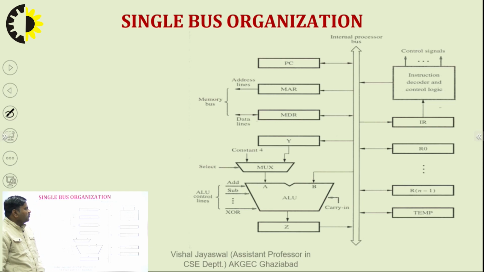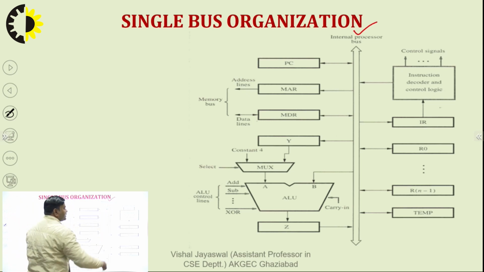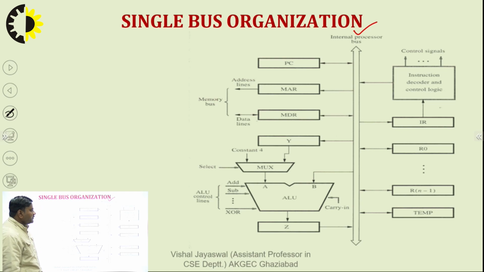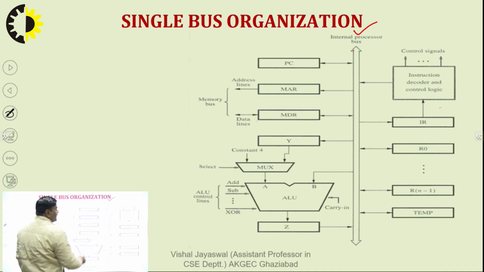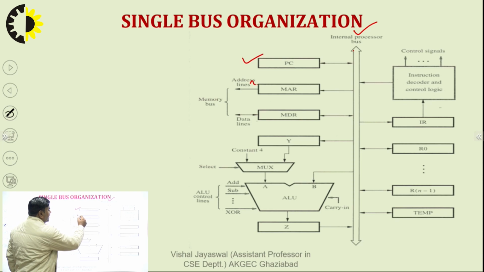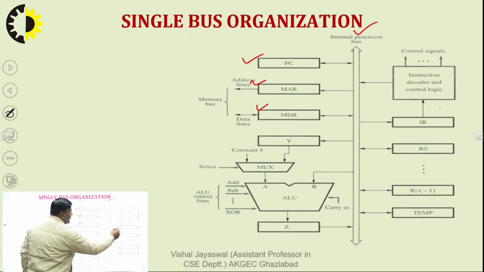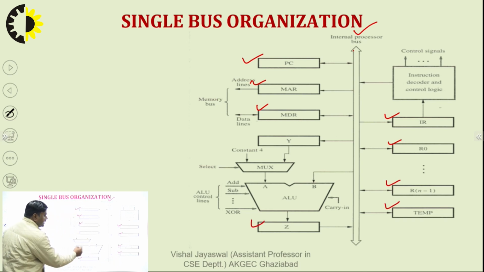This is the diagram of single bus organization. Here we take one internal processor bus. All the data is transferred through this internal processor bus, and these are the registers PC, MAR, MDR, IR, R0 to Rn-1, a temporary register, Z register and Y register.